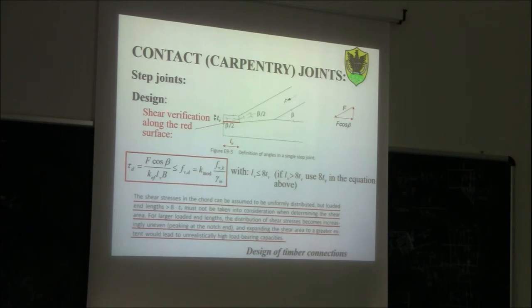Remember that for shear, the resisting cross-section is the horizontal one, not the vertical one. We can't have a shear along a vertical plane because in this case the shear should break all the fibers, which is not possible. So if we have failure, we always have failure horizontal. Okay?